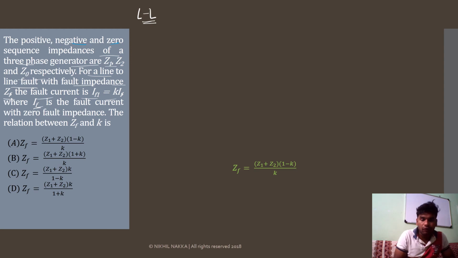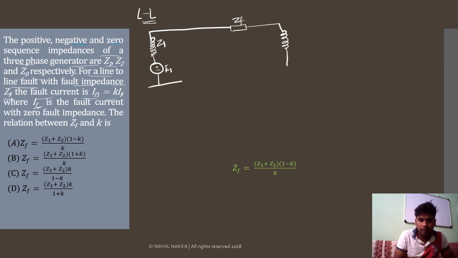For a line to line fault, I hope you remember the sequence diagram. In the sequence diagram, you will have only the positive sequence and negative sequence, because in the absence of ground there will be no zero sequence. So this is the positive sequence source E1 and this is the positive sequence impedance Z1. Then you have a fault impedance ZF which is connected to another reactance, and this is the zero power bus. This is Z2.